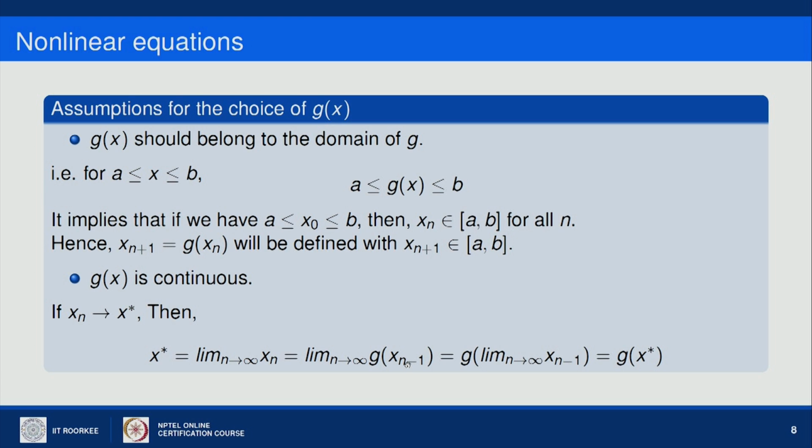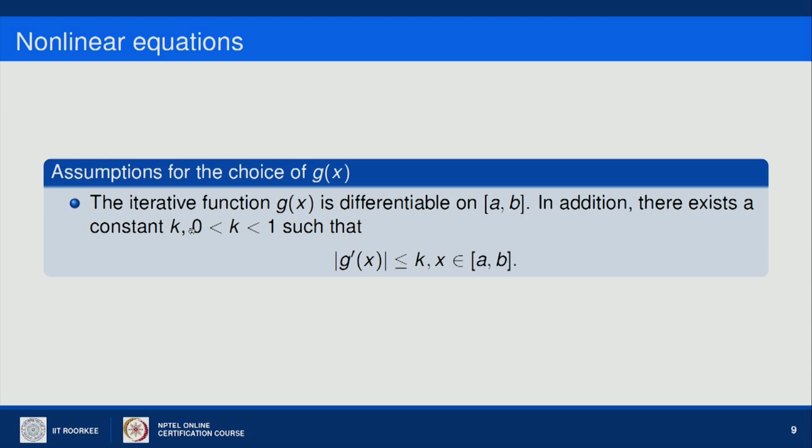Now, since g is continuous, I can take g out, and limit n tending to infinity of x n minus 1 is equal to g of x star. Now, this is a very important assumption, and this is a condition on the choice of g, which subsequently tells us whether the method is going to converge for this particular choice of g or not.